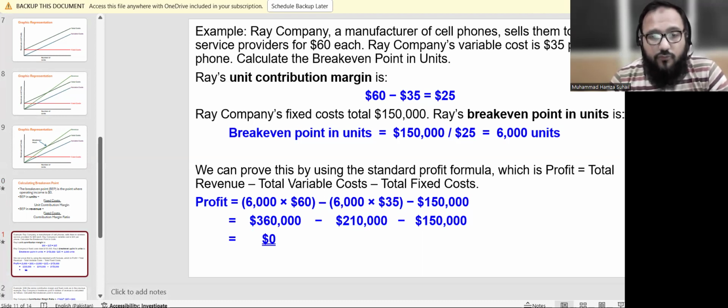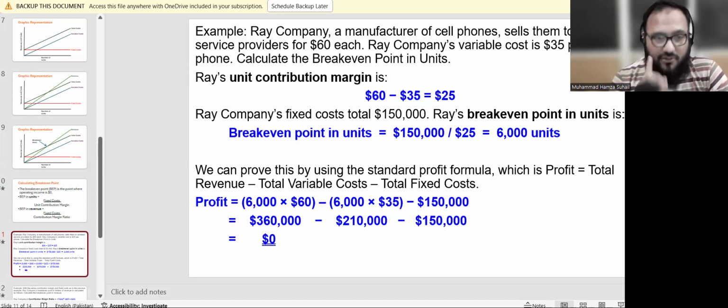If you multiply the total 6,000 units by the selling price, and then by the variable cost, and then subtract the total fixed cost, you will find that we have nothing remaining, meaning a situation of no profit, no loss.